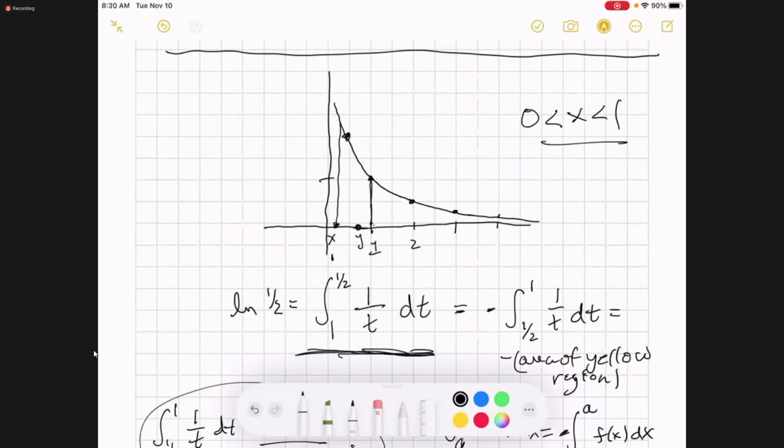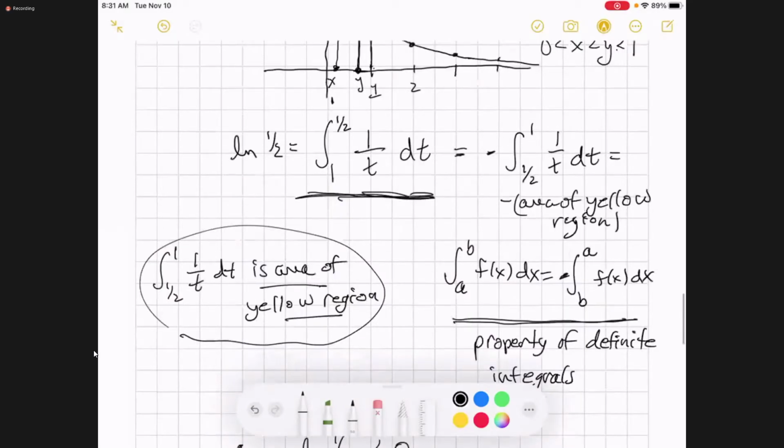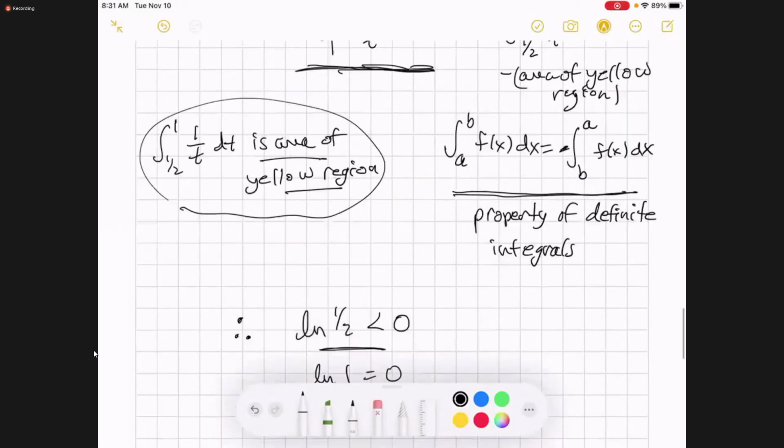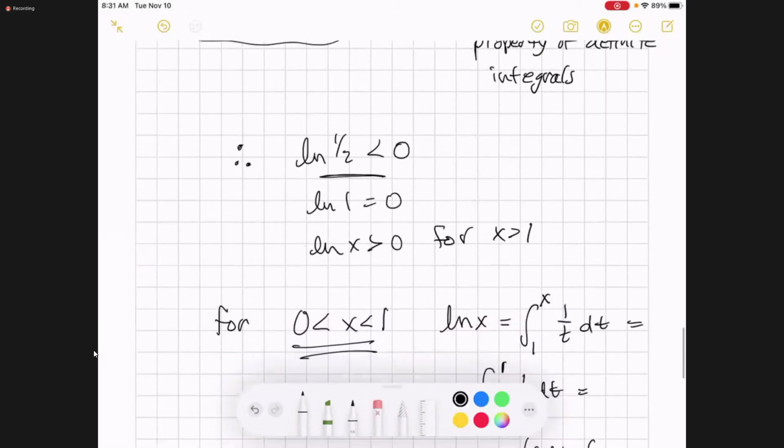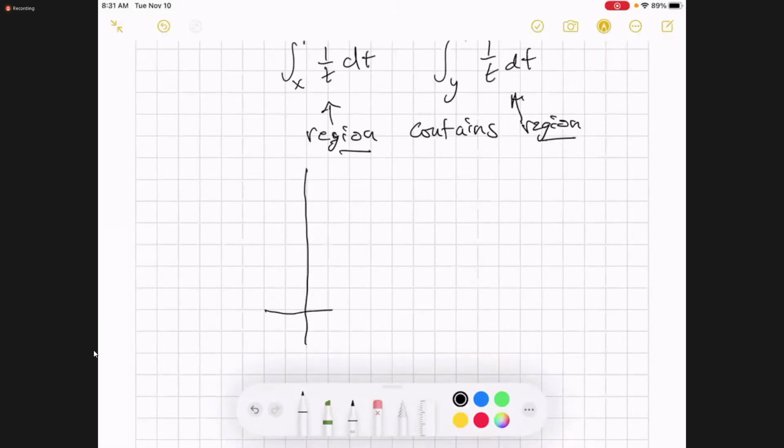But right now, we're looking at, suppose I've got 2 numbers less than 1. Okay. So there's X and there's Y. Then let me just come down here and do another picture. Okay, so I don't really need it that much, do I?